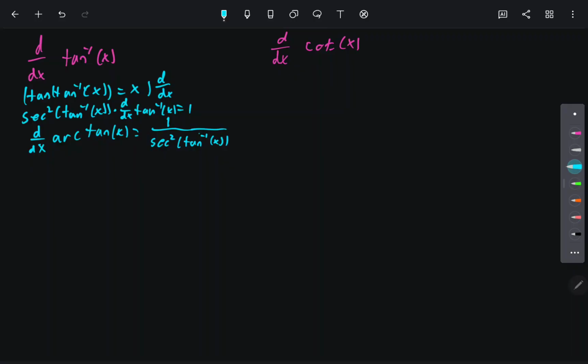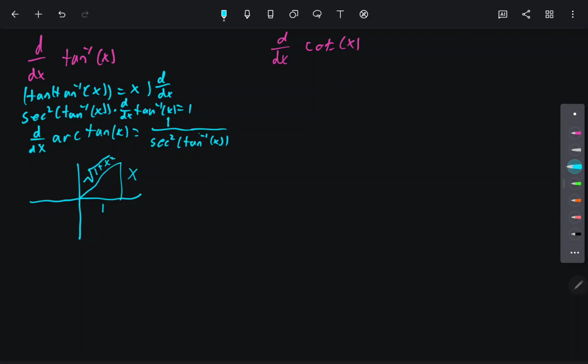Now what do we do? Well, my friends, we just use another triangle. Isn't that amazing? More triangles. Well, if tangent is equal to x, then that means that our opposite must be equal to x, and our adjacent must be equal to 1. And if that's the case, then our hypotenuse must be equal to the square root of 1 plus x squared.